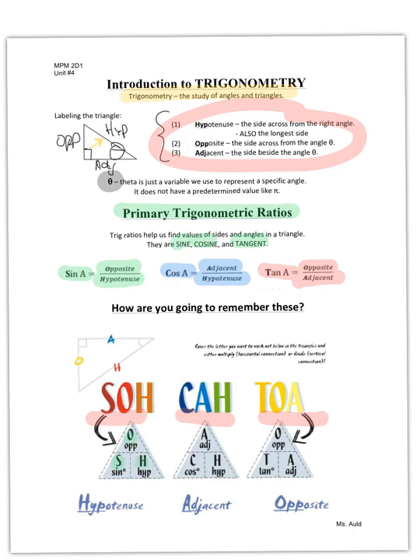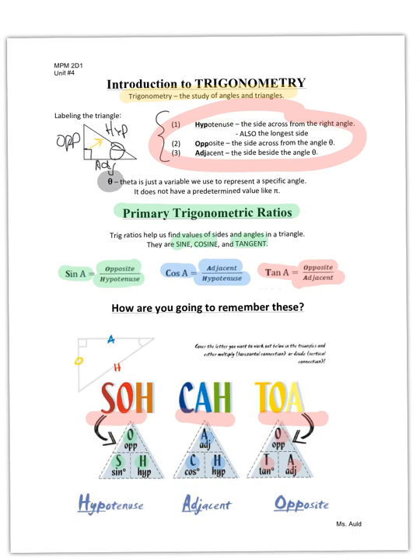The CAH means cosine is adjacent over hypotenuse. And the TOA is tan is opposite over adjacent. So it's just a way for us to remember something. It's called a mnemonic, okay? It's just a made-up word with some letters in a certain order that help us remember something.